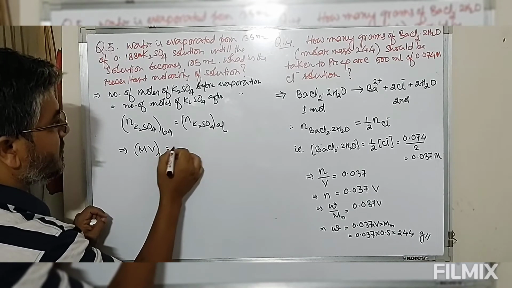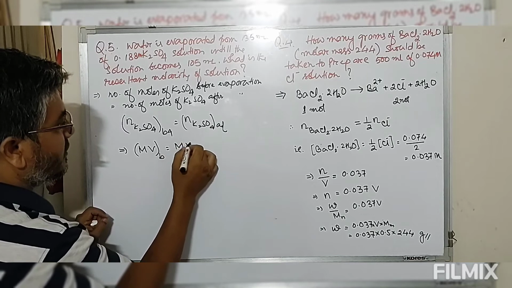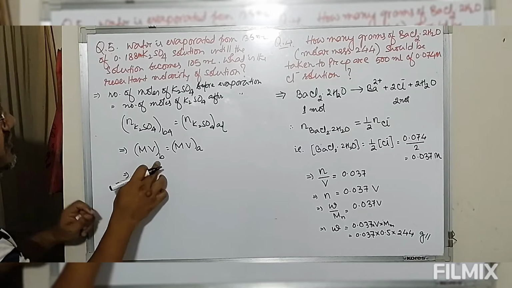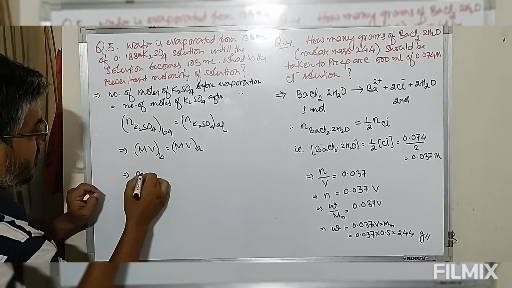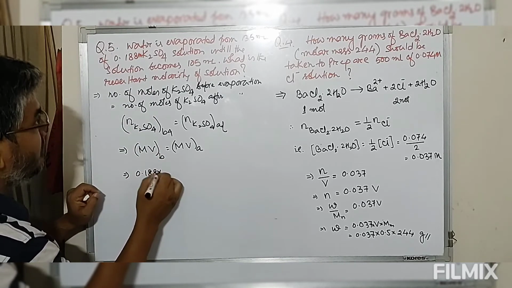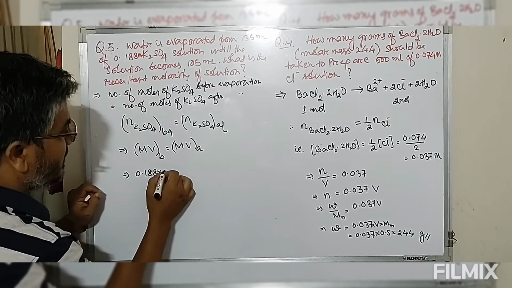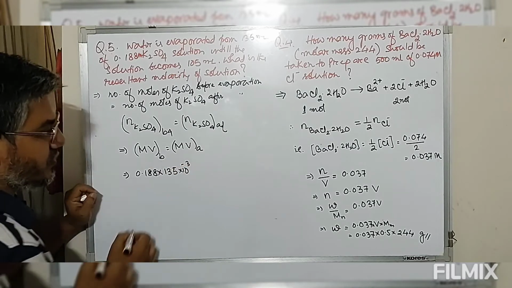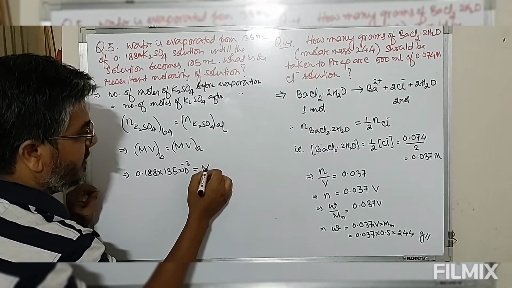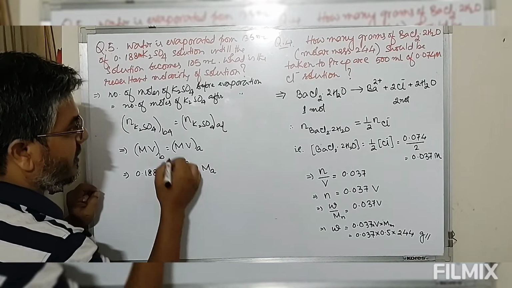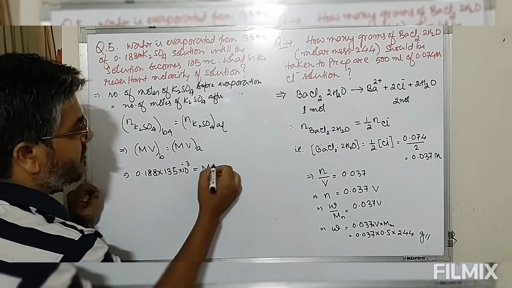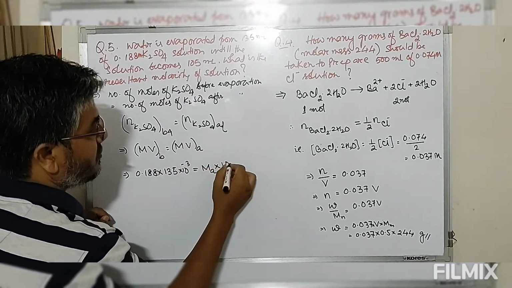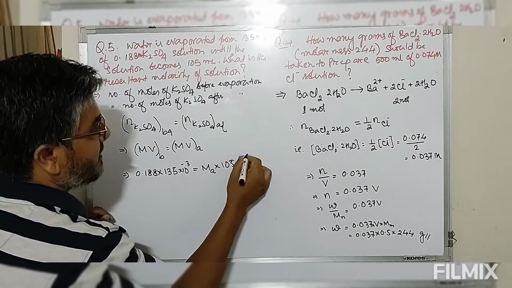So before equals molarity into volume after. Now before evaporation the molarity is given as 0.188, volume is given as 135 milliliters, so that is 135 into 10 to the power -3. We have to find the concentration after this evaporation. The volume of solution after evaporation is 105 into 10 to the power -3.